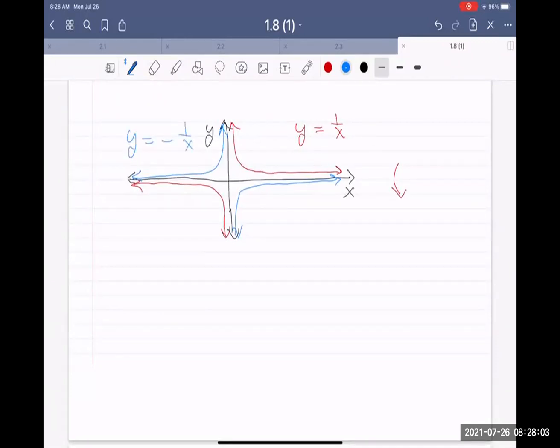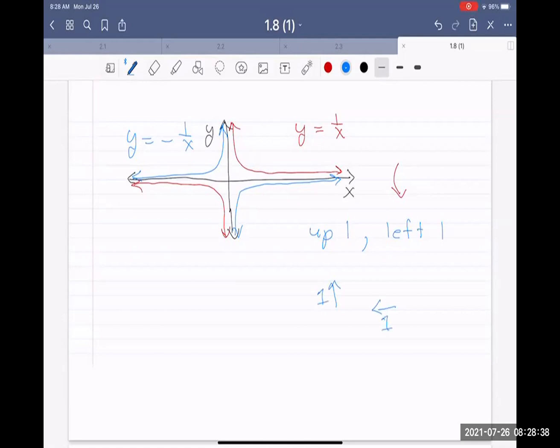And now let's translate up by 1. Oops. So up 1 and to the left 1. So I'm going to do up 1 unit and to the left by 1 unit.